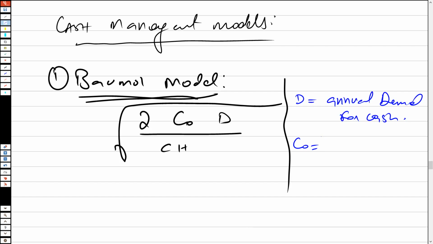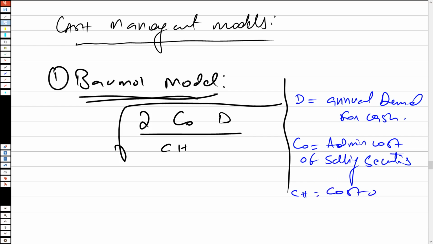Co is the admin cost of selling the securities. And when we talk about Ch, it is the cost of obtaining the funds.